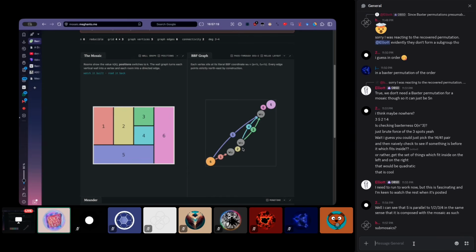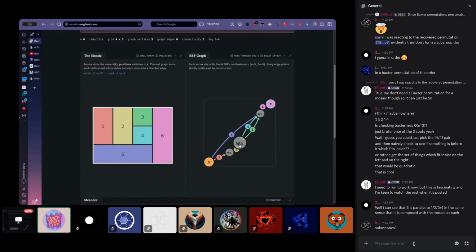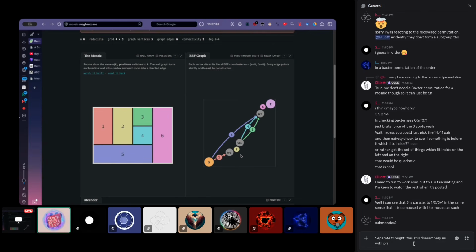Not quite. Although there is some mosaic information hidden in this graph. So somewhat correct, but the W nodes themselves and the S and T nodes are not submosaics. And I'm using the same colors as the rectangles for a reason, for the edges.